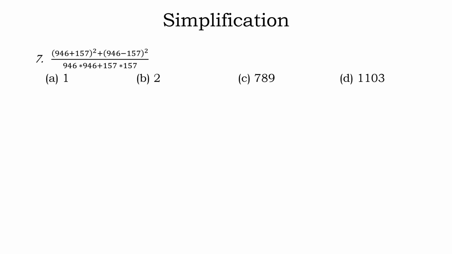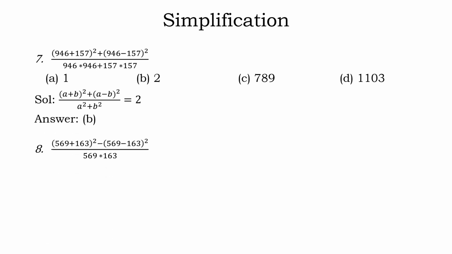So this is of the form a plus b whole square plus a minus b whole square divided by a square plus b square, which is equal to 2. Straight away I have given this formula in the earlier slide. So answer is B.